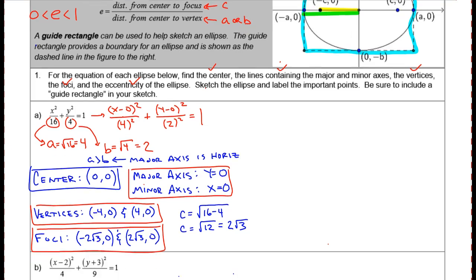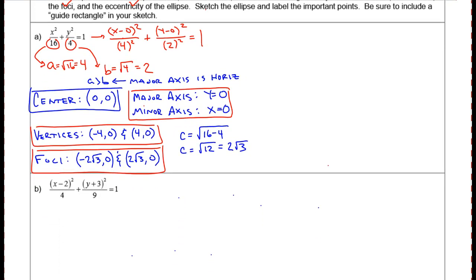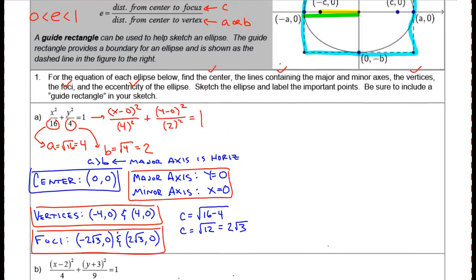In this case it's a because we have a horizontal major axis. So the eccentricity of this ellipse will be c over a, which equals 2 root 3 over a, which is 4. So that means e equals root 3 over 2.